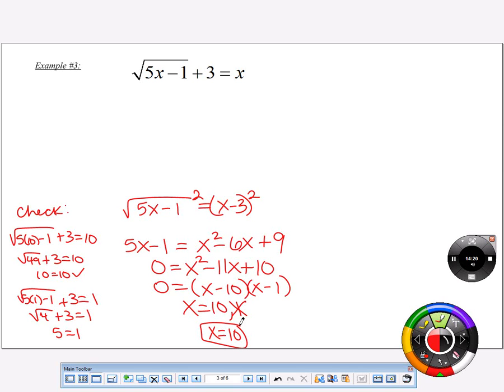Can you explain why the extraneous solutions happen? Yes. So these 2 problems are very different, right? But once you square both sides of these problems, they now look exactly the same.